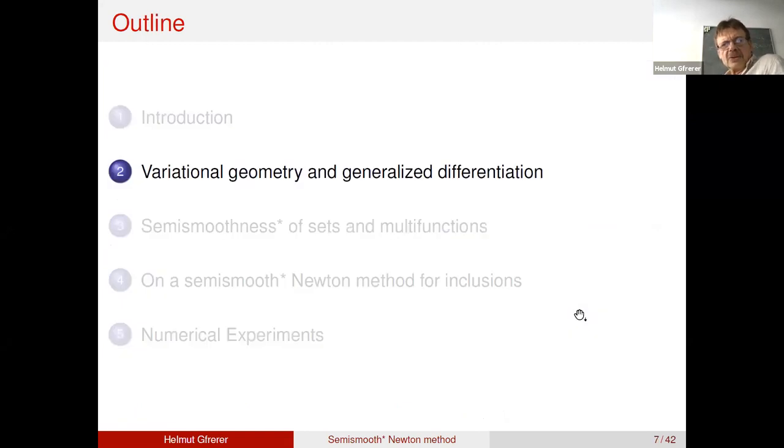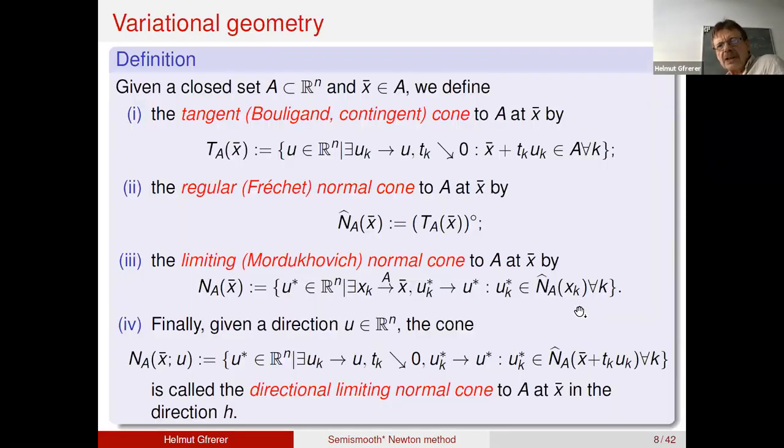So now let's come to variational geometry and generalized differentiation. First of all, let us recall some basic definitions from variational geometry. Here you see the definition of the tangent cone. The regular normal cone is defined as the polar cone of the tangent cone.